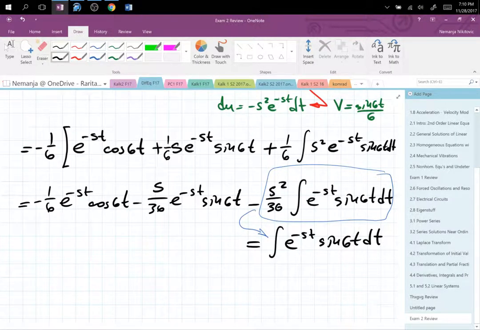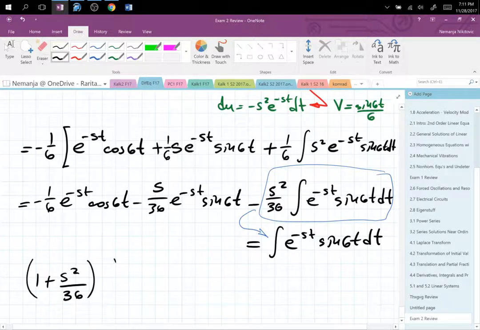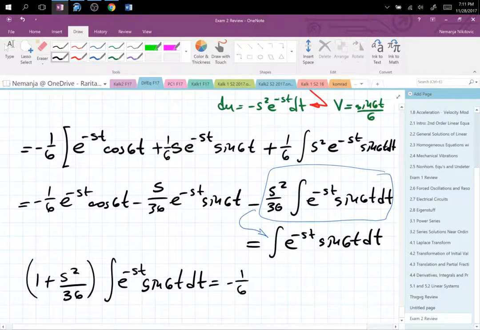When that happens and you factor out this integral, you get 1 plus s squared over 36 times the integral of e to the negative st sine 6t dt is equal to negative 1 over 6 e to the negative st cosine 6t.